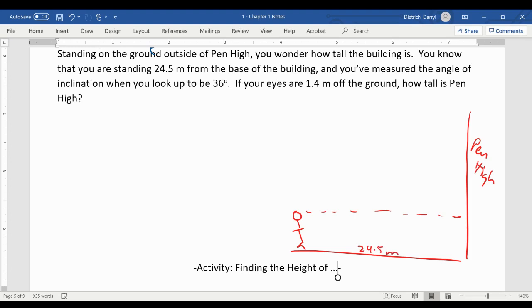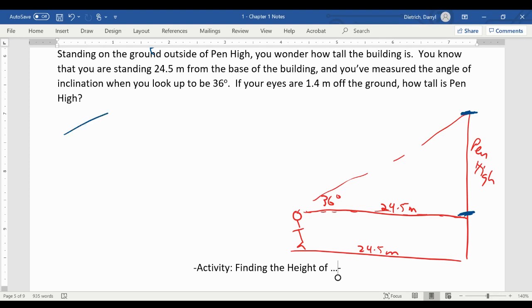We've measured an angle of inclination, looking up to the top, of 36 degrees. Within this top triangle, we'll have a side of 24.5 meters and the angle of 36, and that's going to allow us to find the height from your eyeball to the top of pen high.